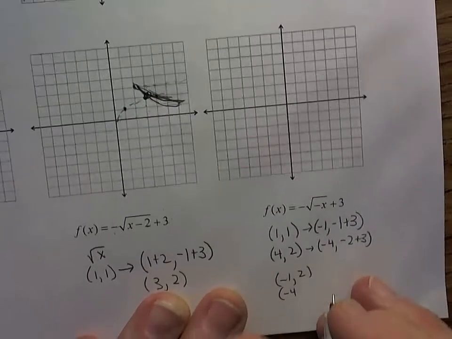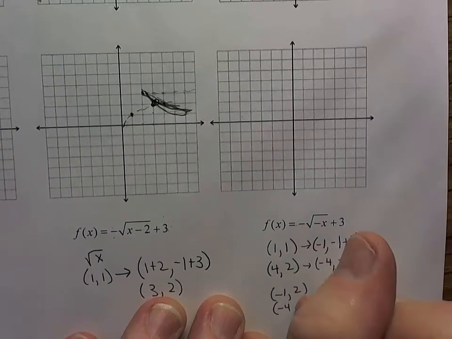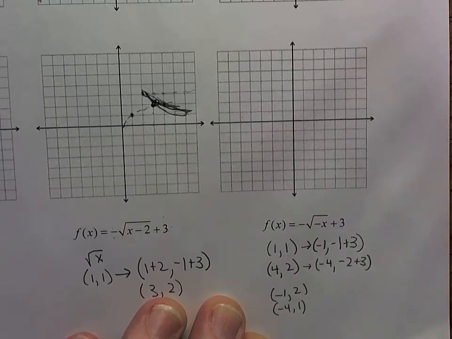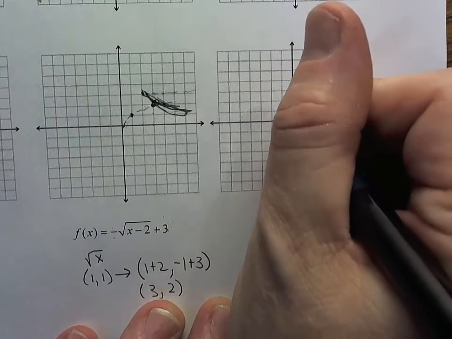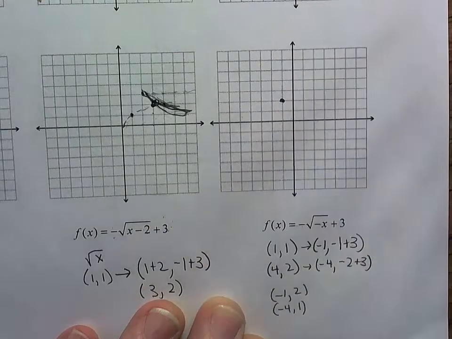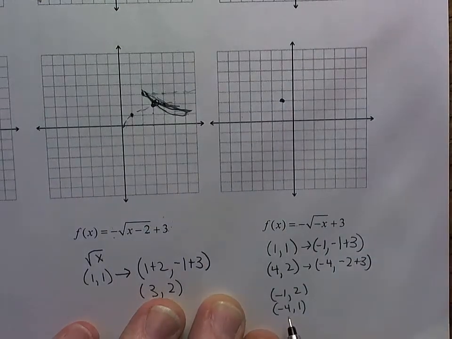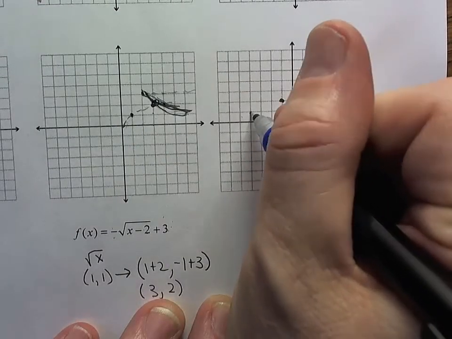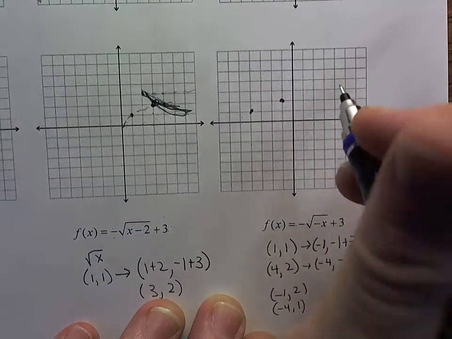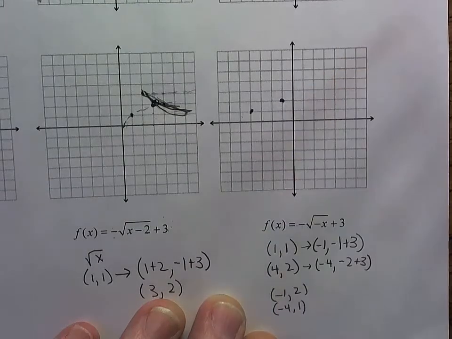Let me make it where you can see that. So there's -1, 2, a point on the graph. And then we've got -4, 1. Okay, something like that.